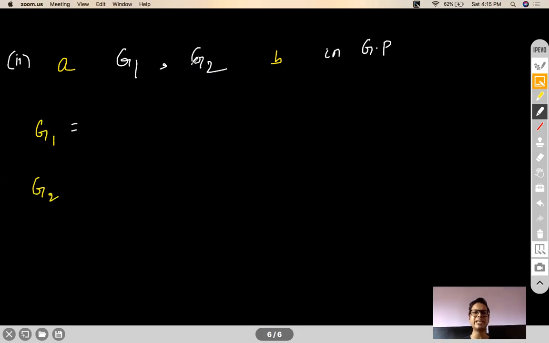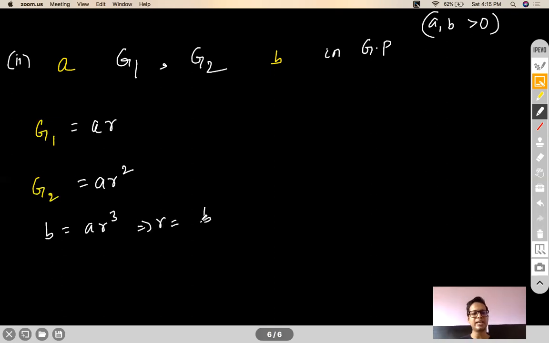I'm already assuming A and B are positive quantities, so I'm not going to write it again and again. First of all, G1 is AR, G2 is AR square, and B is AR cube. So your R could be written as B by A to the power of 1/3.